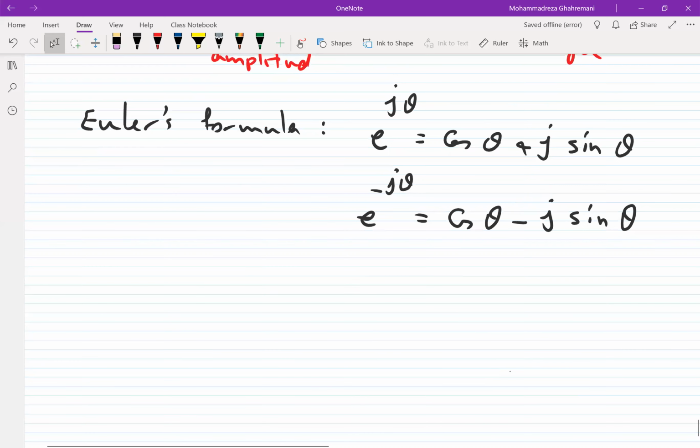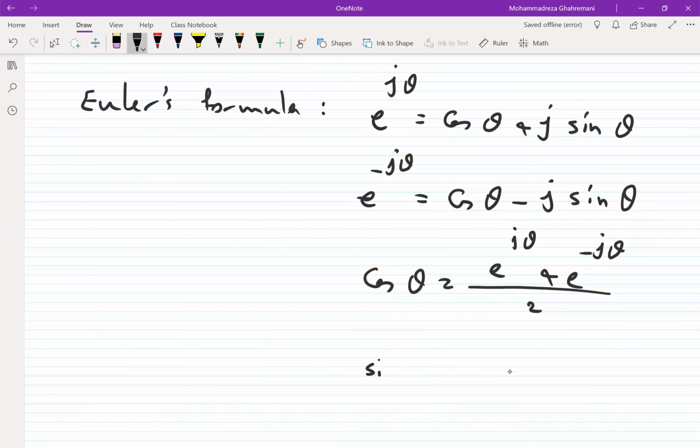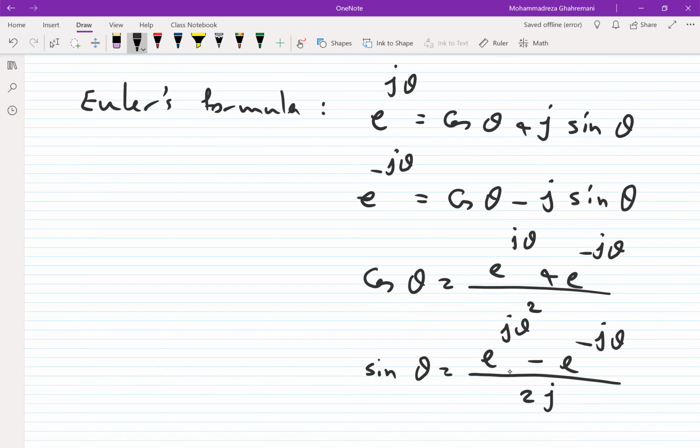And also we can say cosine of theta is equal to e to the power of j theta plus e to the power of negative j theta, over 2, and sine of theta is equal to e to the power of j theta minus e to the power of negative j theta, over 2j.